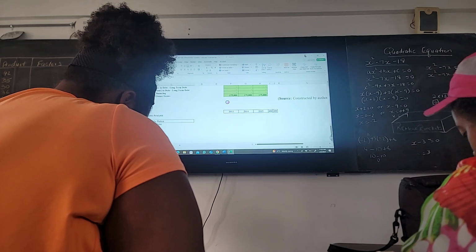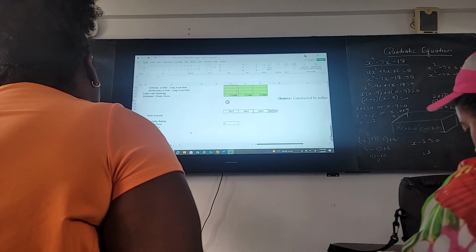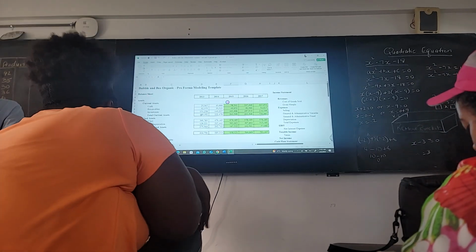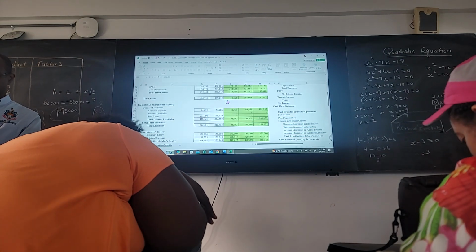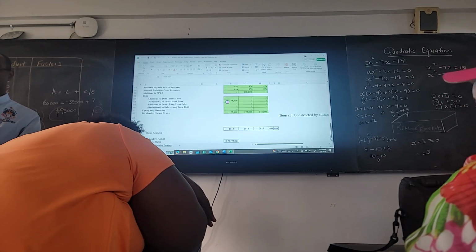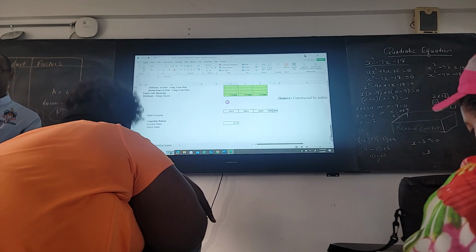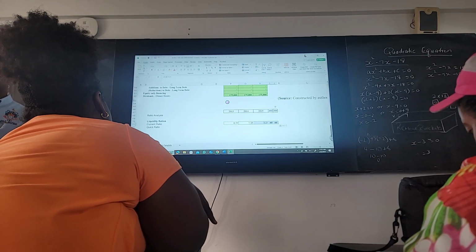To keep it quick, I'm just going to avoid some of the averaging. So what's your current ratio? Current assets divided by current liabilities. We want to get that as a number. Once you do, copy that across.